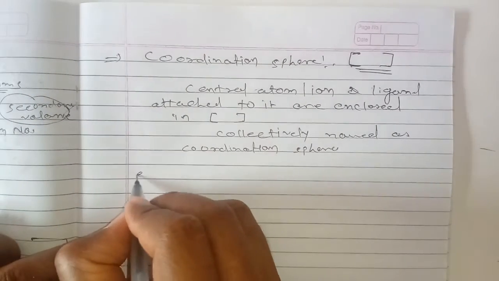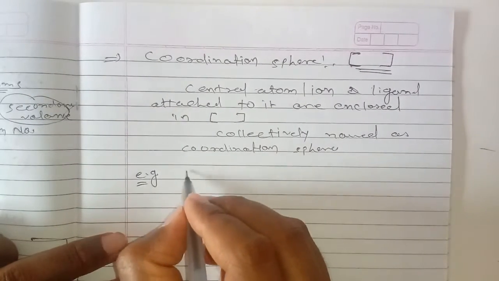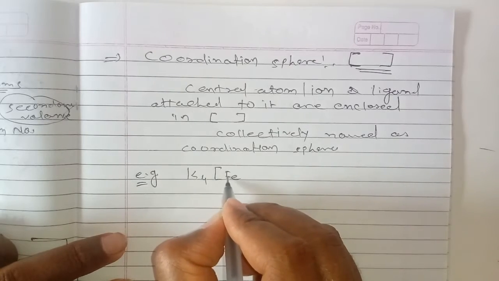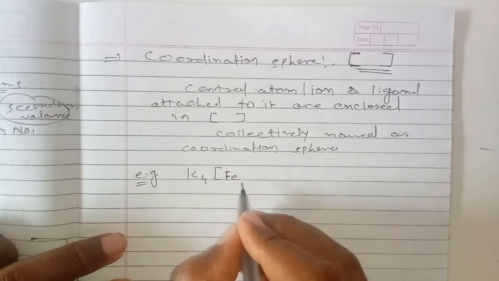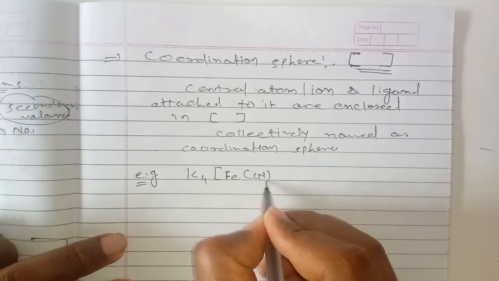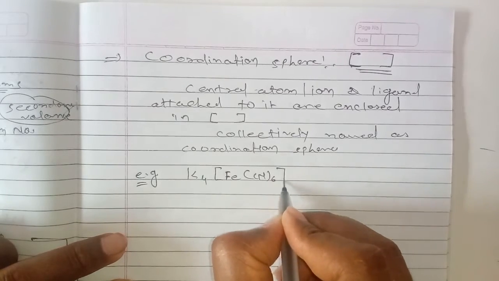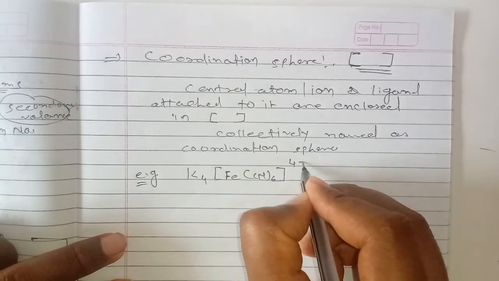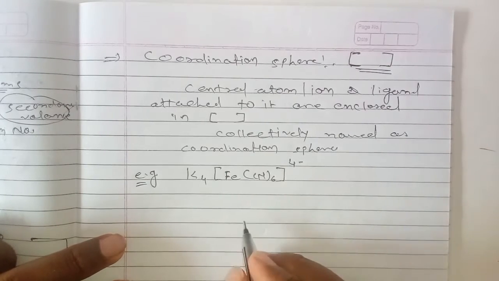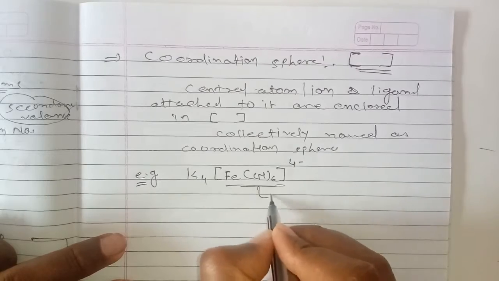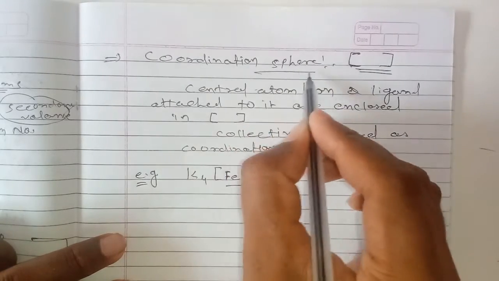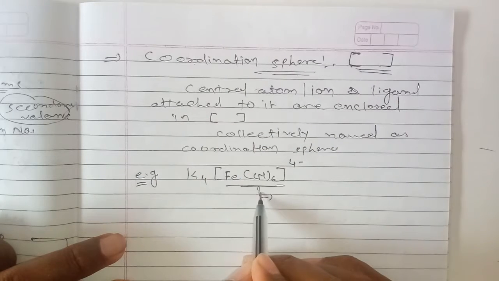For example, K4[Fe(CN)6], with charge 4 minus. This entity written in square brackets is called the coordination sphere.